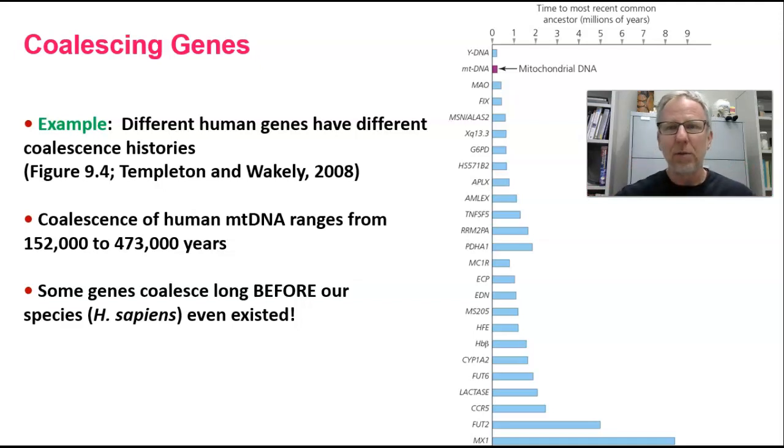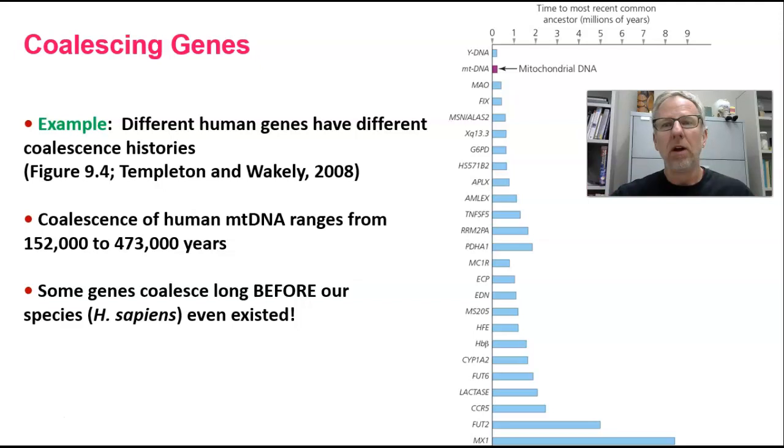So you can see from the figure that the coalescence of human mitochondrial DNA, for example, we don't have to go very far back in time. In fact, there's a range given here between 152,000 to 473,000 years.